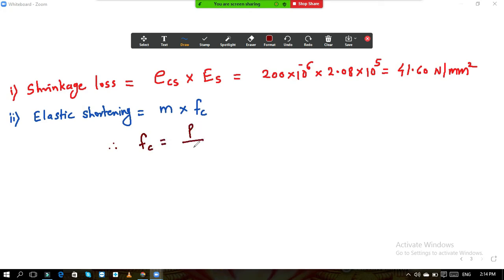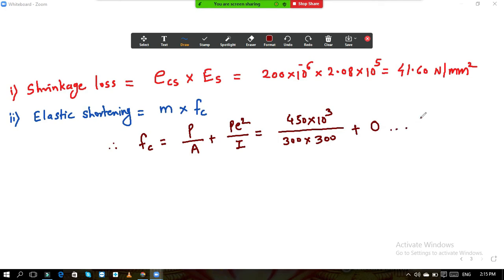It is calculated as P by A plus P e square by r square, which is equal to P by A. What is the value of P? 450 into 10 raised to 3 divided by A. Area of section is 300 into 300 plus 0.